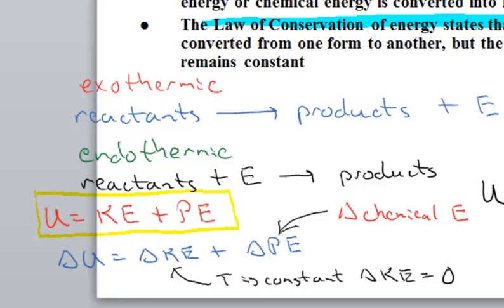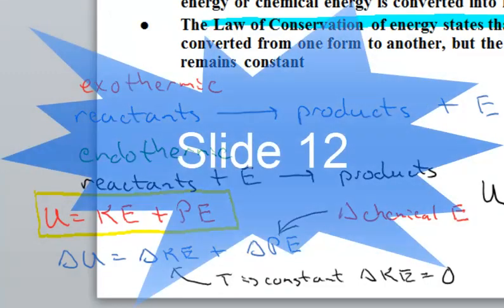From that piece of information we should be able to get the potential energy change, which is the same thing as the change of chemical energy, which is the same thing as the change of internal energy. But we'll see that and describe the experimental setup a little bit later, in about 10 slides.